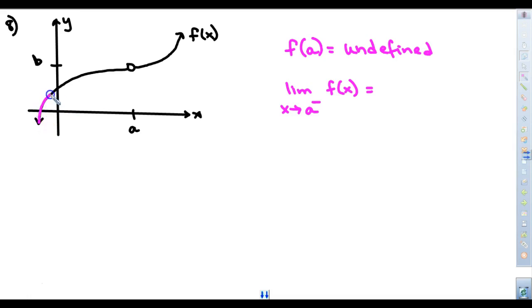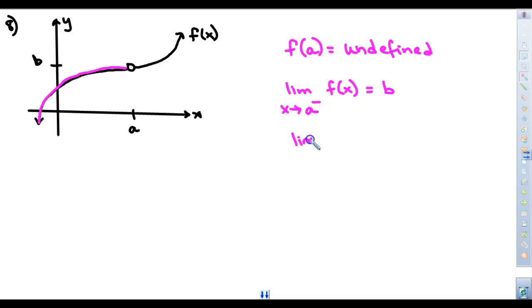As x keeps getting closer to a, what is y getting closer to? Well, it's getting closer to b. It's not going to get there because there's nothing there where y is equal to b, but it is going to approach it. So the answer here is b.